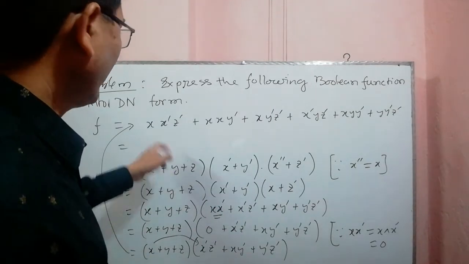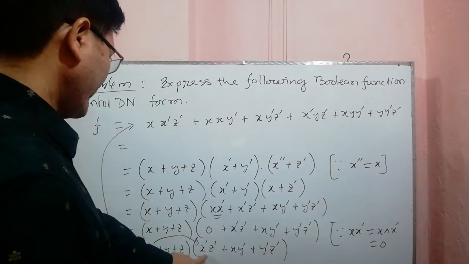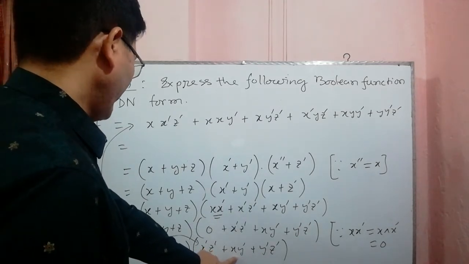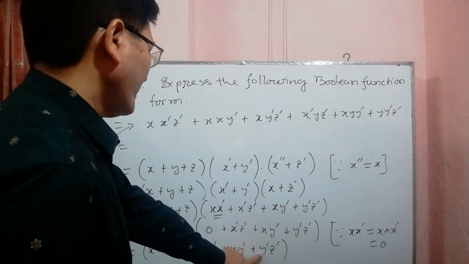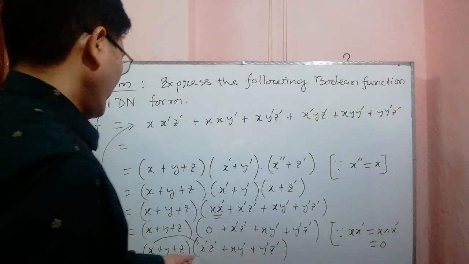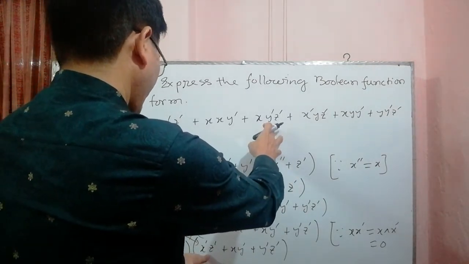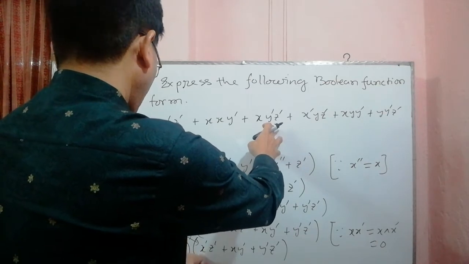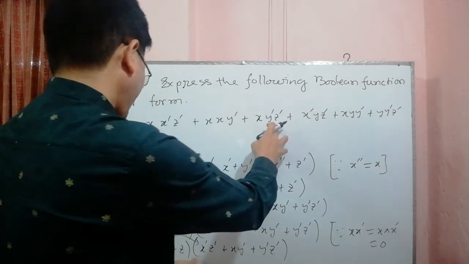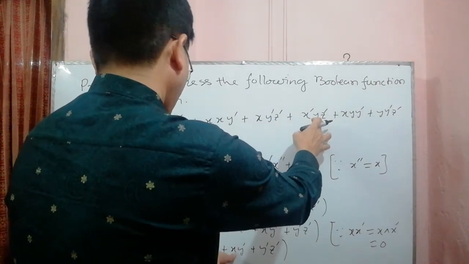Dear students, check the result again. x, x prime and z prime; x, y prime; x, y prime and z prime. Again with y: x prime, y prime; x prime, y prime and z prime; x prime, y and z prime.